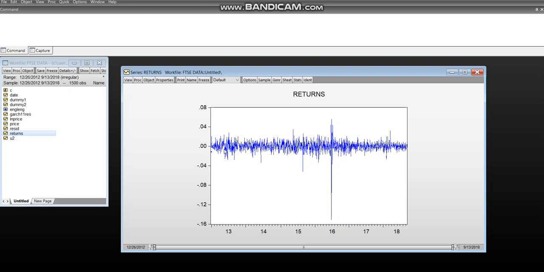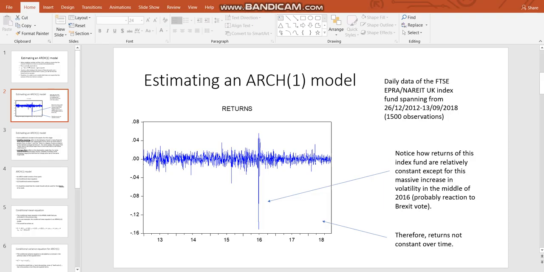So even though we've got a zero mean going across, we can see that at different time periods the returns are in some cases drastically different. And I suppose your eyes will immediately be drawn to these massive fluctuations here, which probably coincide with the Brexit vote in the middle of 2016.